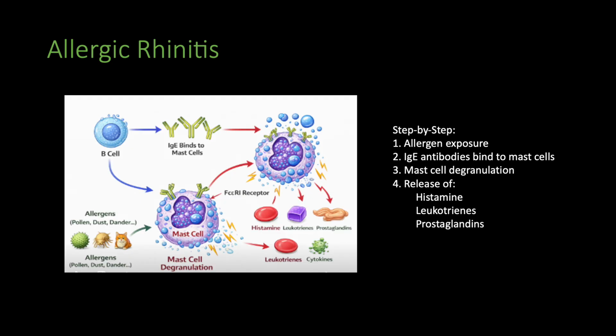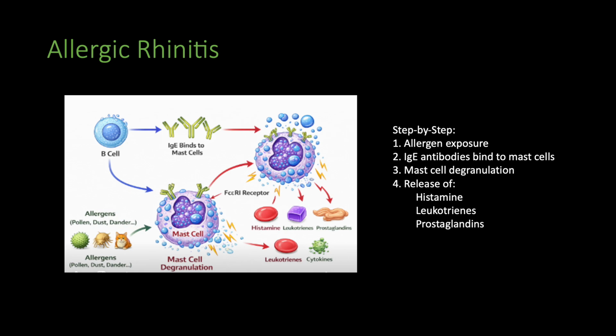And you can see here in this diagram the B cell, which is one of the immune cells in our body. It actually produces IgE, immunoglobulins, and those are used to bind to the mast cell.